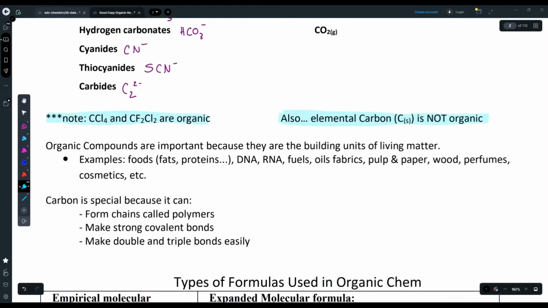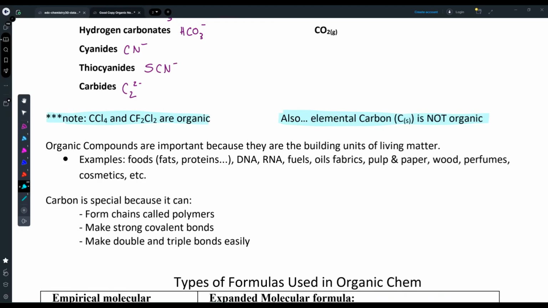The reason why we have a whole unit on organic compounds is because they're pretty important for living matter. For example, you can find organic compounds in foods, in fats, proteins, DNA, RNA, fuels, oils, fabrics, pulp and paper, wood, perfumes, cosmetics.